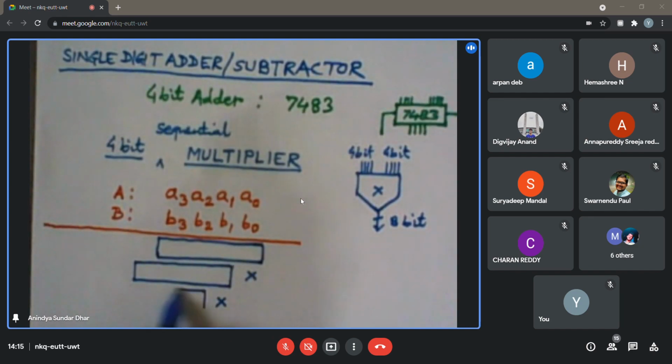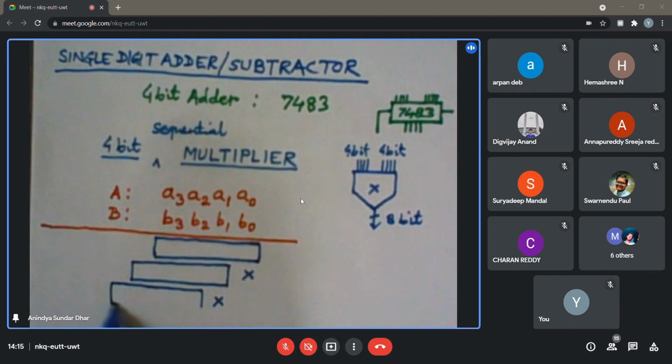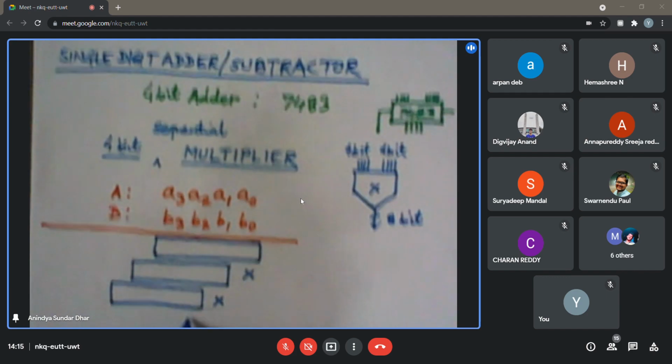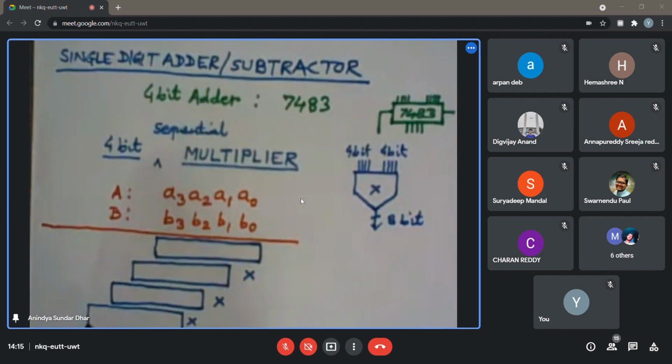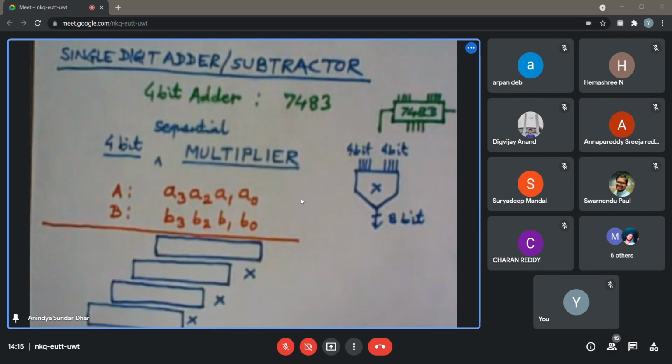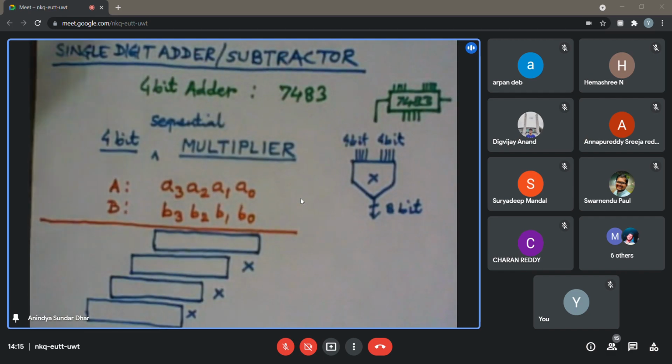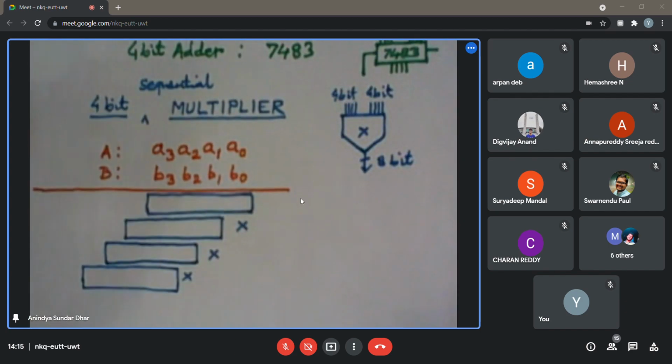So it is just a conventional one. Only thing is that here everything is in binary, and the possibilities are very few, unlike the decimal number system. Then I need to add these partial products together. There are 4 of them right now.